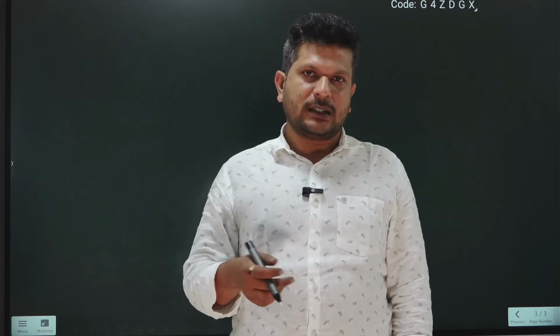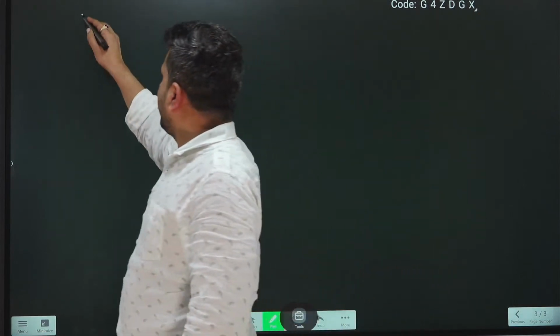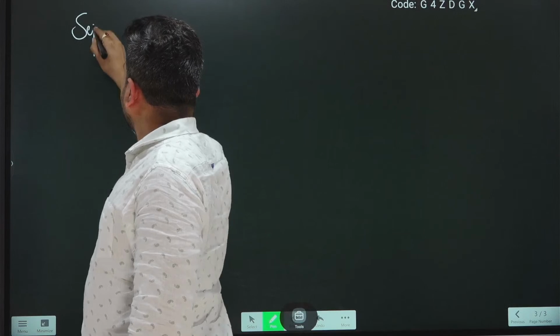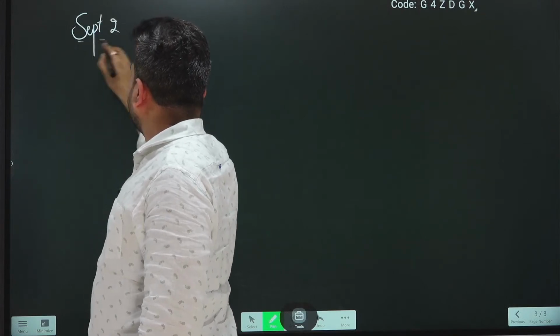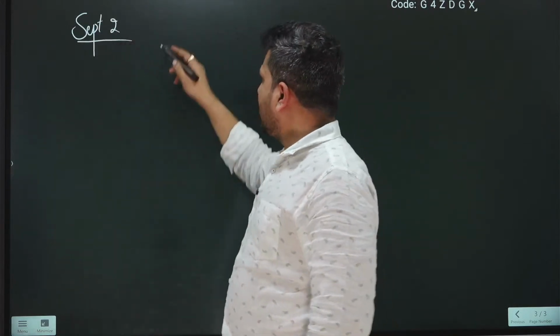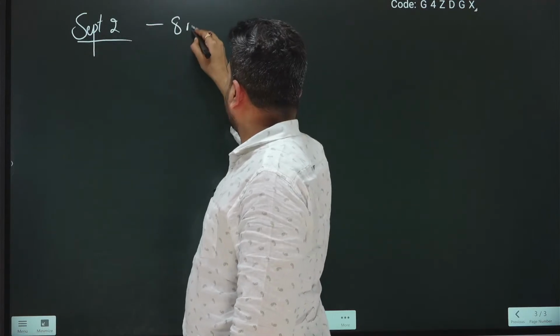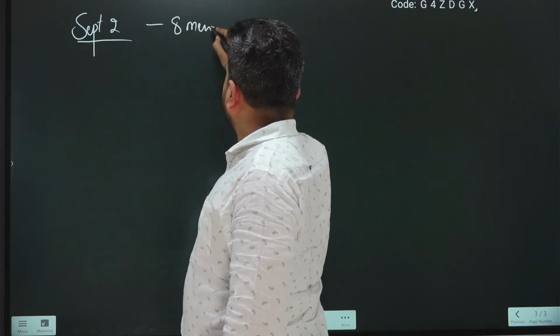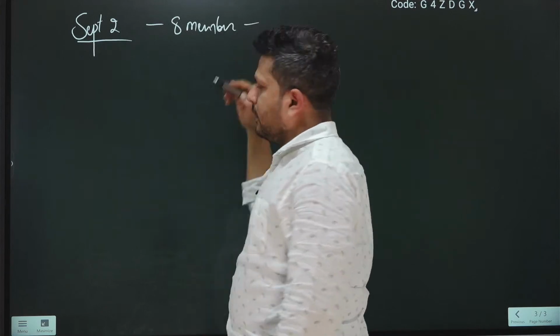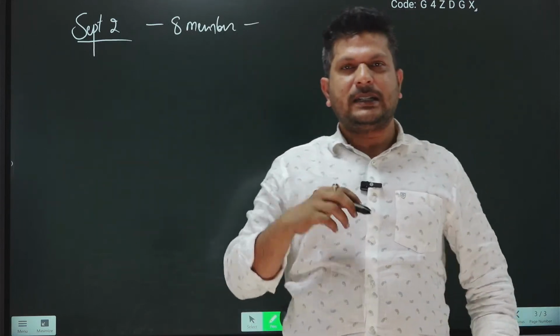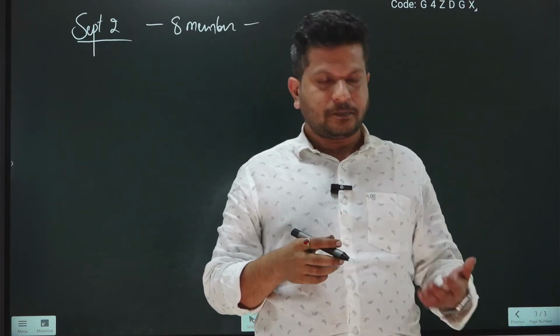So why are we talking about this topic today? As you all know, on September 2nd, the Union government constituted an 8-member committee under the leadership of ex-president Sri Ramnath Kovind.